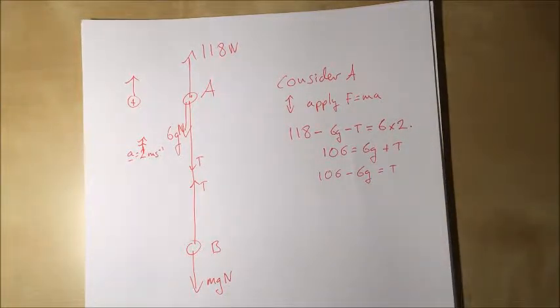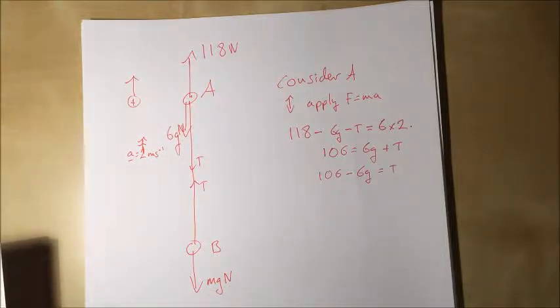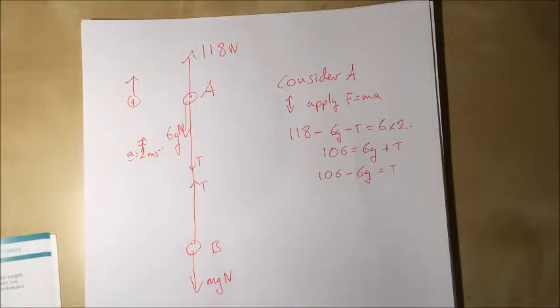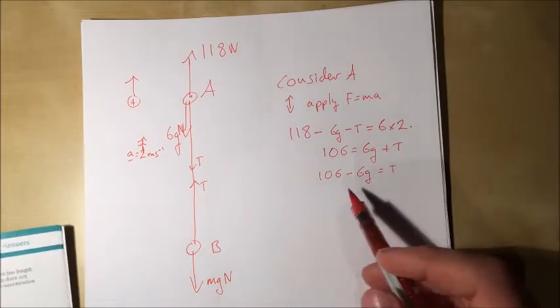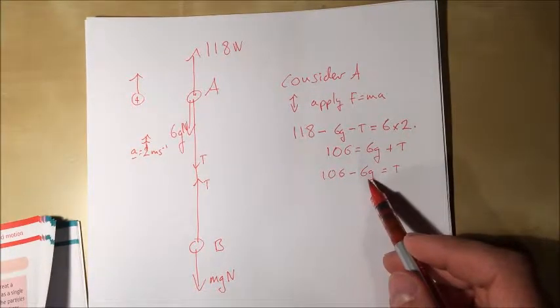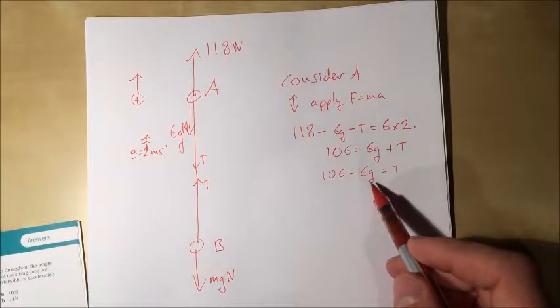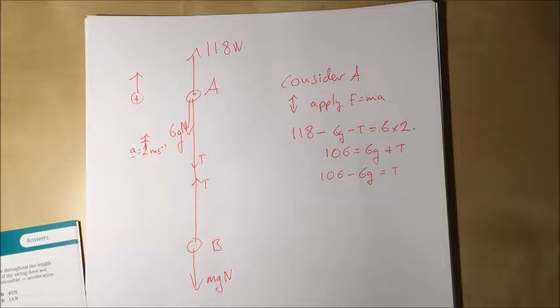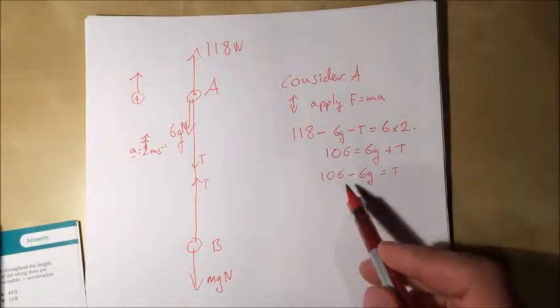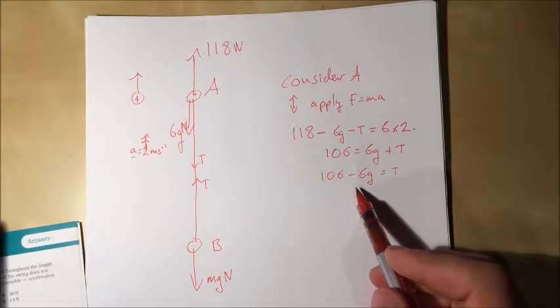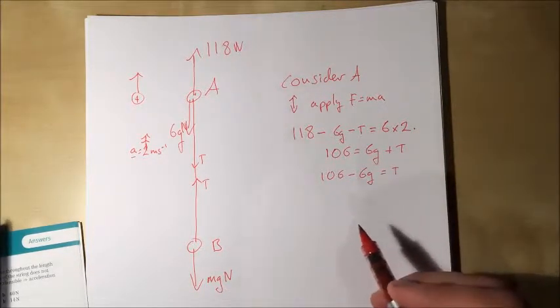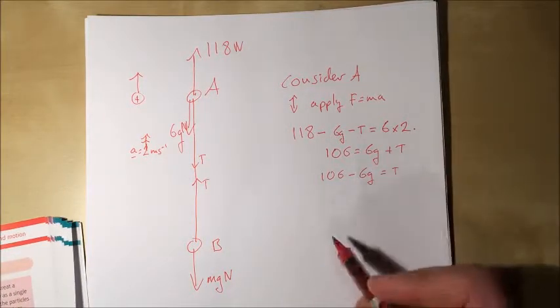Let's just see if we got the right answer there. 6g is not exactly 60, it's about 60, and my head was failing to do 106 take away 60 easily, so 47.2 is the exact answer. 106 take away 60 would be about 46, so slightly less than that. Okay, so accidentally we've done part B, but never mind.